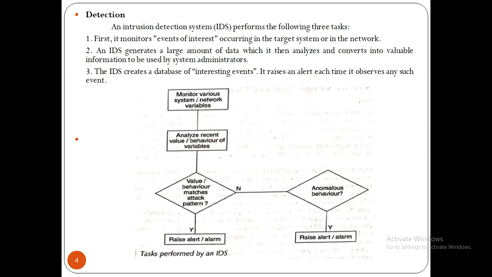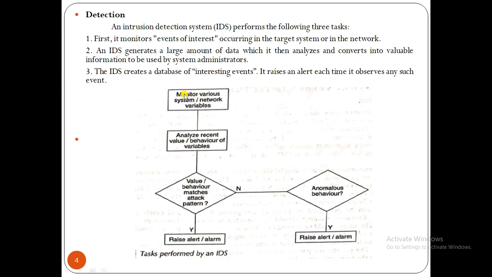Before attempting to answer these questions, let us have a case study related to password abuse. This is intended to illustrate the difference between intrusion prevention and detection. Before going to that case study, this diagram shows the tasks performed by the IDS.